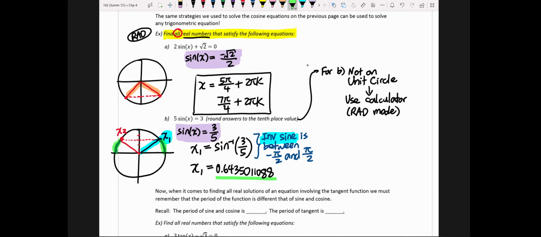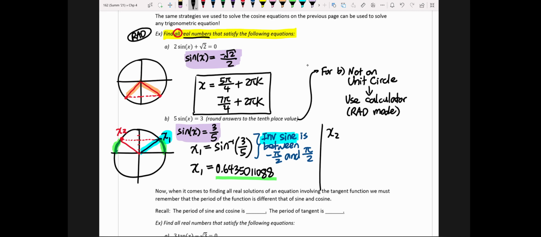So any ideas how we can get x2? Given x1, now how can we find x2? Chime in through the chat. Or audio, yes. So inverse sine just gives us one solution, but looking at the circle, how can we figure out what the other solution is that's between 0 and 2 pi?